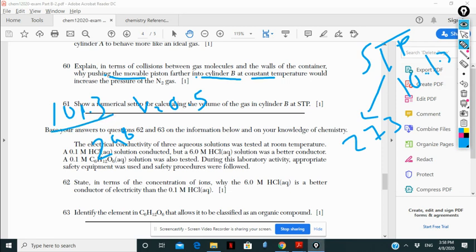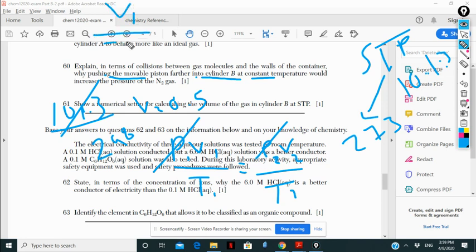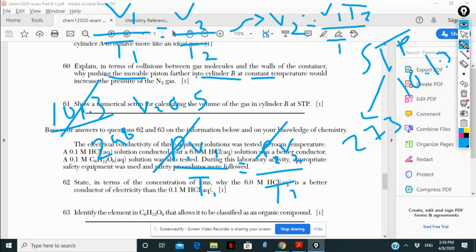I'm going to write it: P1 V1 over T1 equal to P2 V2 over T2. If you observe, the pressure is the same, so I'm crossing out the pressure. So I'm going to use V1 over T1 equal to V2 over T2. And from that, V2 equals V1 T2 over T1.